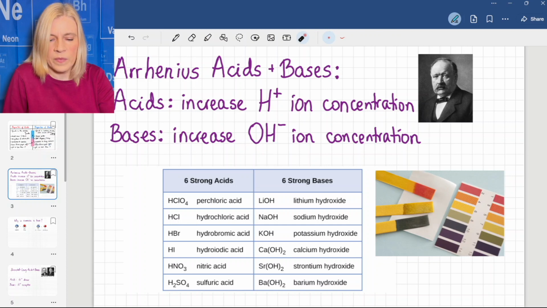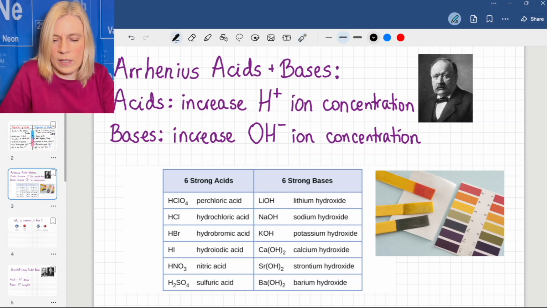There it is. So we have our 6 strong acids. Some people also list perchloric acid, HClO4. Some will say chloric acid, HClO3. They were also listed, so some chemistry textbooks say 7 strong acids, some say 6. Please keep that in mind.